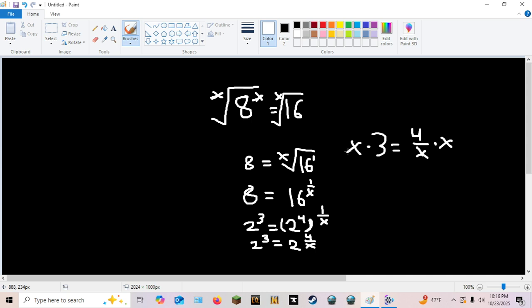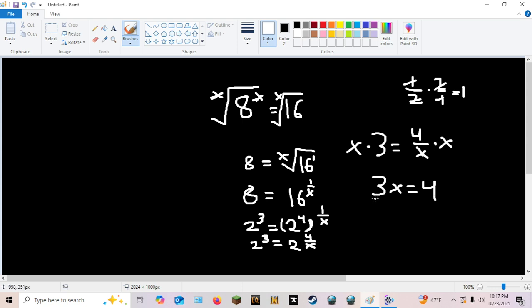So x times 3 is 3x. If you multiply a number by its reciprocal, like 1 over 2 times 2 over 1, this equals 1. So 1 over x times x is actually 1. So this turns into 3x equals 4.